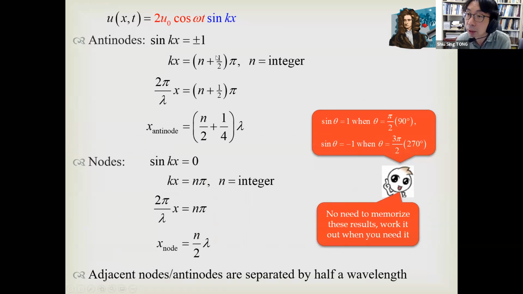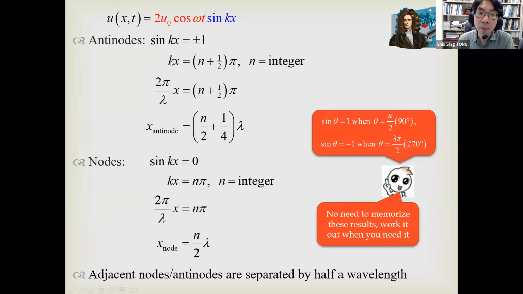When it's 1, it's 3 pi/2. When n is 2, it corresponds to the same angle of pi/2 again, just with one cycle added, and so on and so forth. This is the general solution, and n can also be a negative integer or 0.